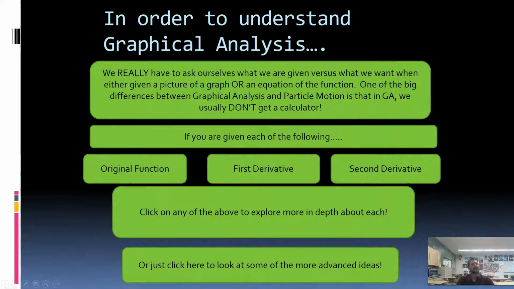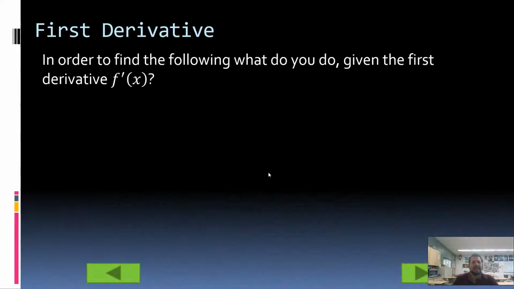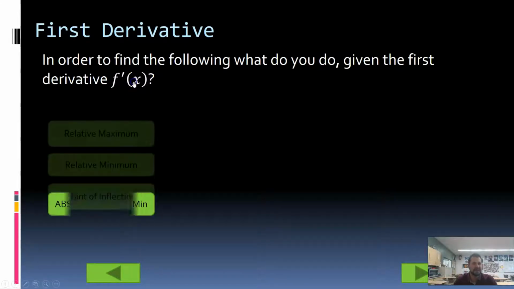Now, to be 100% honest, usually on the AP exam, they don't give you a picture of the original function. If they actually give you a picture of the graph, it will almost always be a picture of the first derivative. Like I'd say 99.9% of the time. I can't guarantee it, but that's what I'm guessing they're going to give you, a picture of the first derivative.